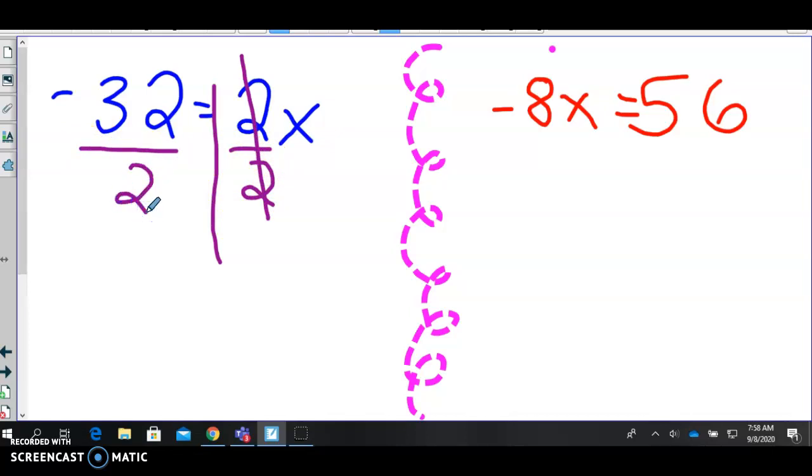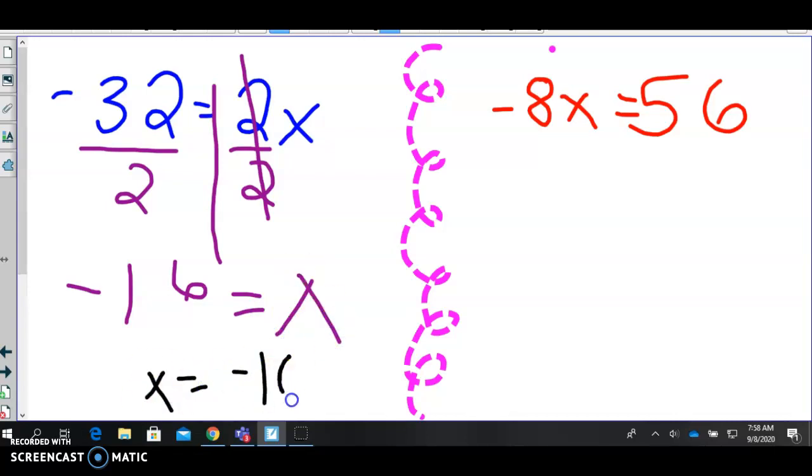Okay, and if I went to my handy dandy Desmos and I did -32 divided by 2, I would get -16 equals x. But remember, the way that I want you guys to write it is like this. So x equals -16. Boom.